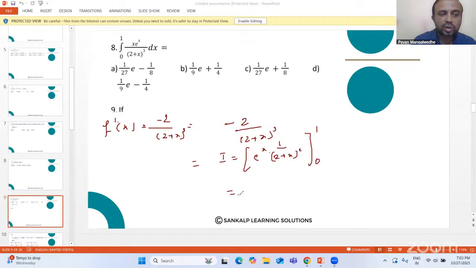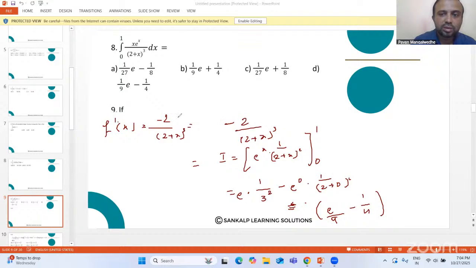So try to calculate this. e into 1 by 3 square minus e raised to 0 into 1 by (2 plus 0) the whole square. So on resolving this, it is e upon 3 square, which is 9, so e upon 9 minus 1 upon 2 square. 2 plus 0 means 2, 2 square is 4.